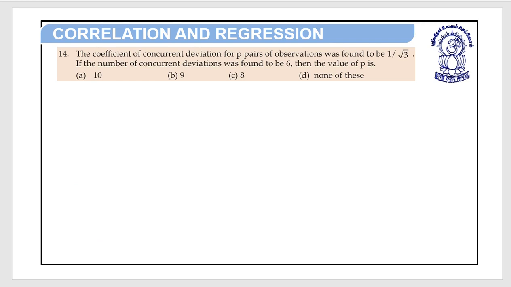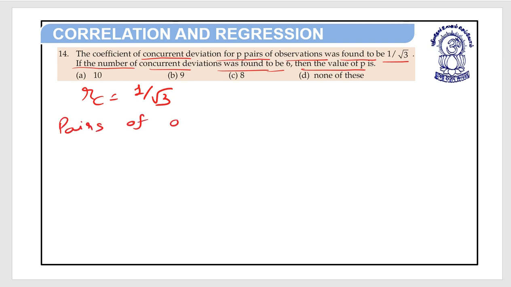Now question number 14. The coefficient of concurrent deviation for p pairs of observations was found to be 1 by root 3. If the number of concurrent deviations was found to be 6, then the value of p is. So here RC is equal to 1 by root 3.